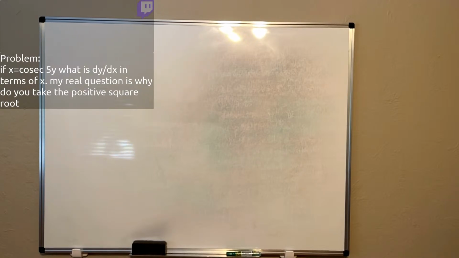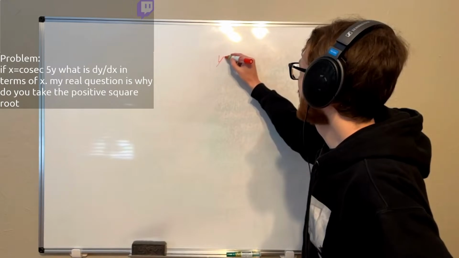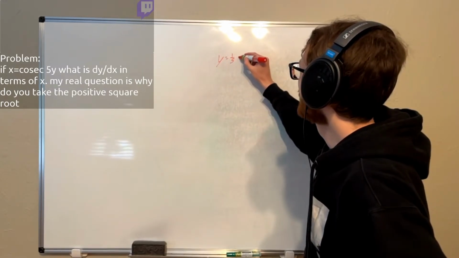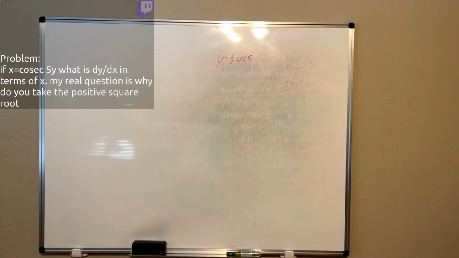So the original problem would have been y equals 1/5 arc cosecant x. And we want to find dy dx. Sorry, arc cosecant.